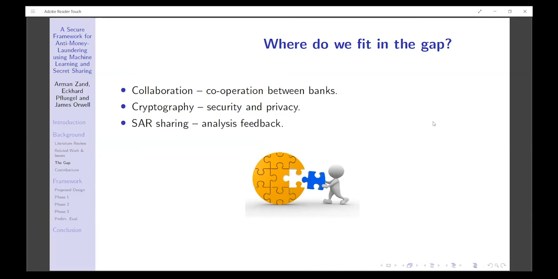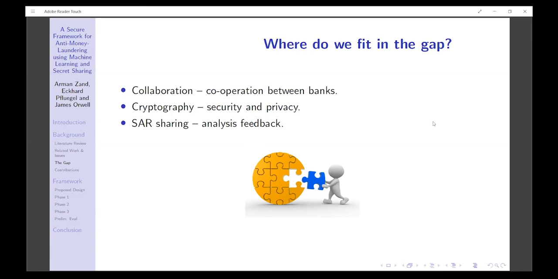So for example, if money is going from bank A to bank B, bank A is doing some anti-money laundering activity, but bank B isn't part of it, then you don't see what's going on. So a sort of cooperation between them would be quite powerful to get more information and be more accurate.